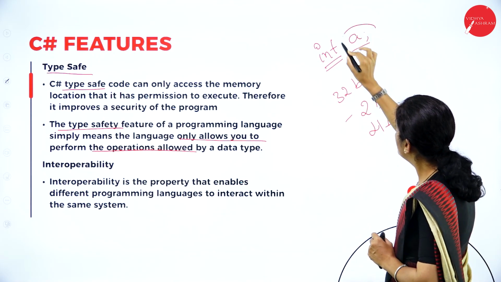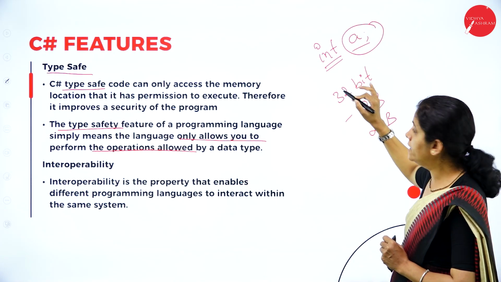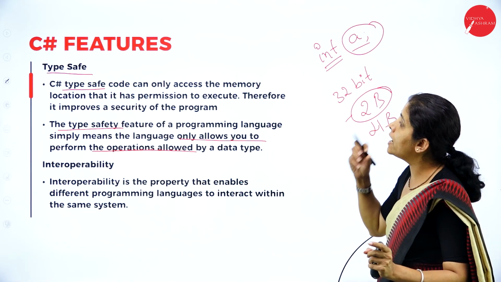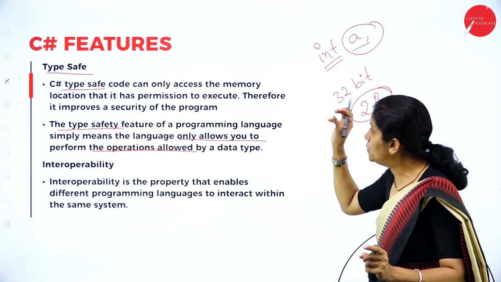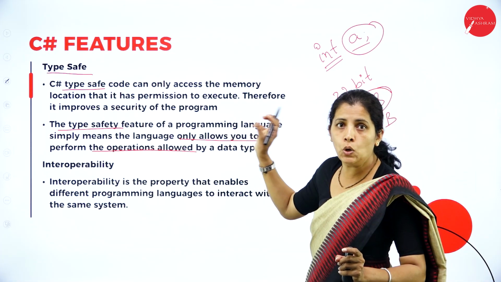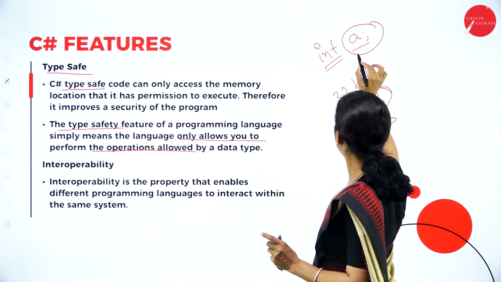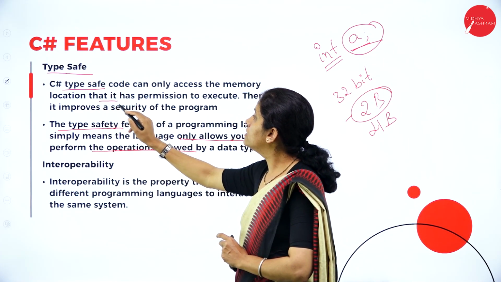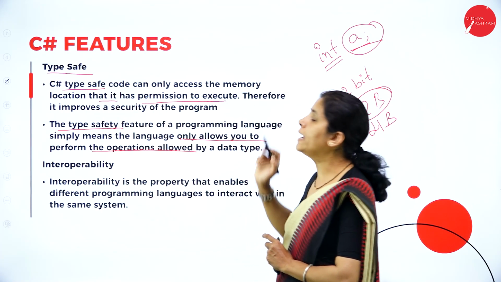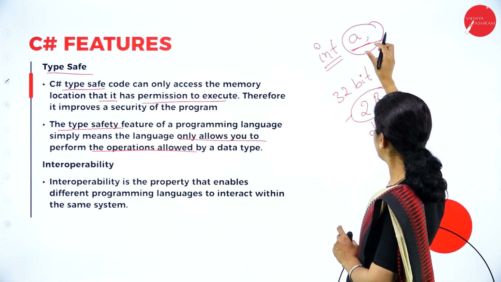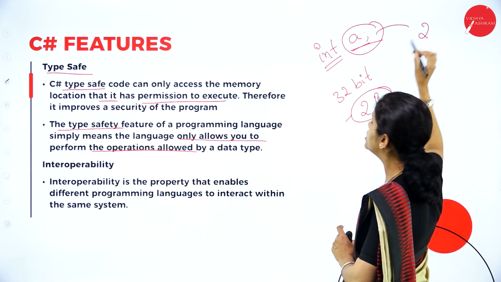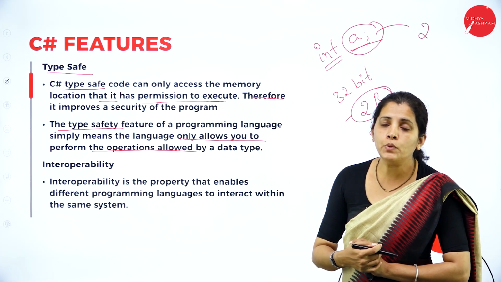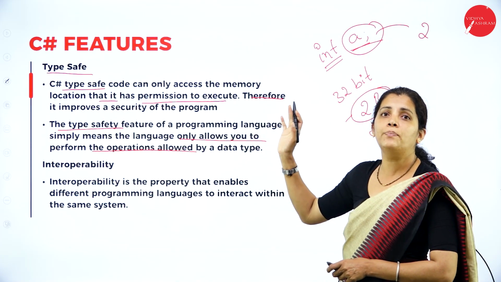If I consider 32-bit, what's the size of the memory? 2 bytes. So I can access only the 2 bytes of memory location which is reserved for variable a. That is what it has permission to execute. So for this a, I got a memory location of 2 bytes. Therefore, it improves the security of the program.